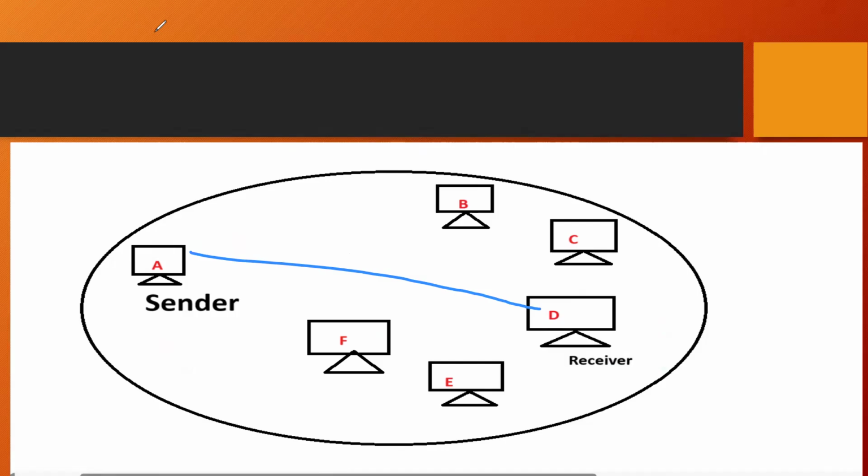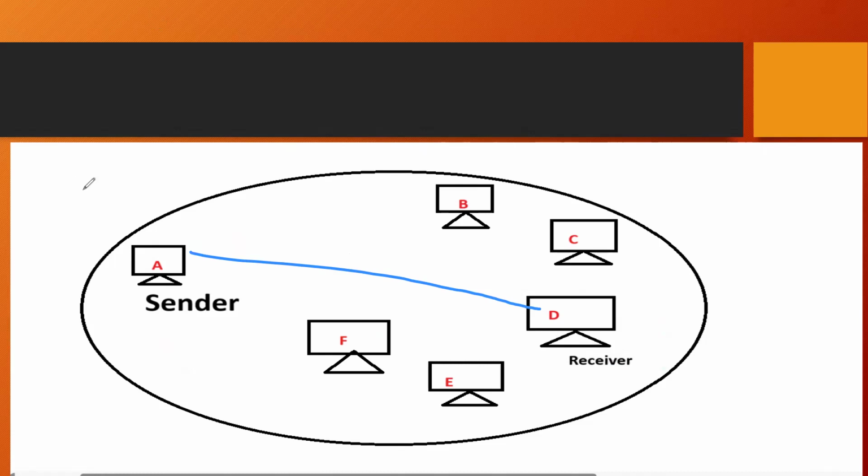If any system or machine wants to communicate with any other machine, it requires an IP address and a MAC address, right? The IP address comes under the network layer, and the MAC address comes from the MAC layer, or data link layer. Without these two things, a system will not be able to communicate with another system.